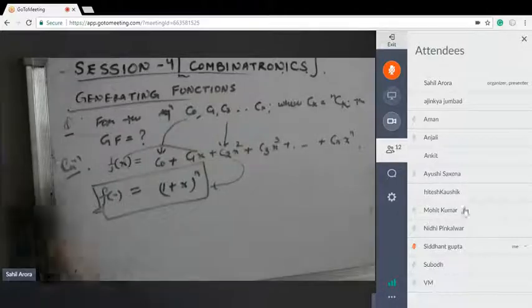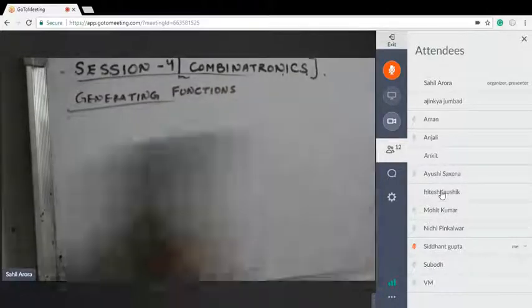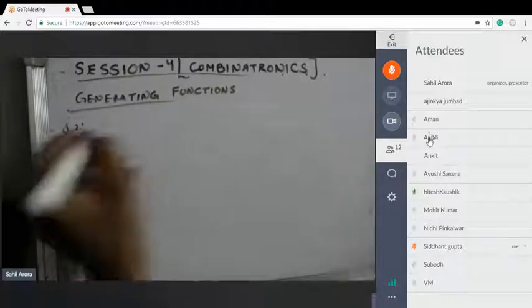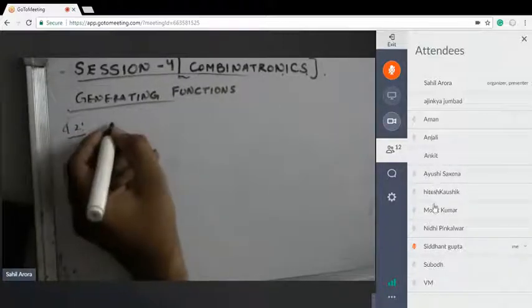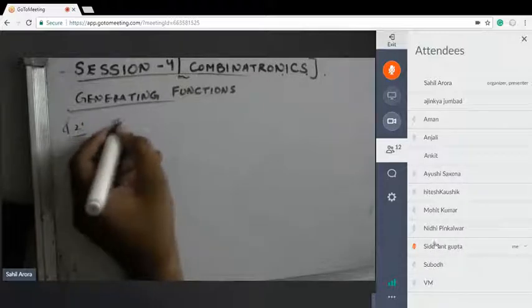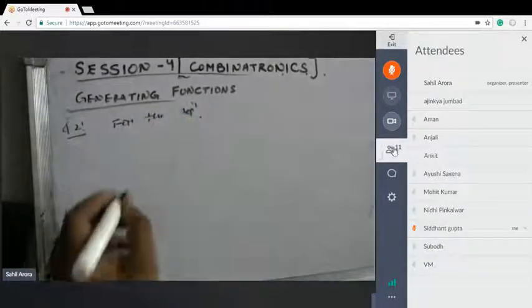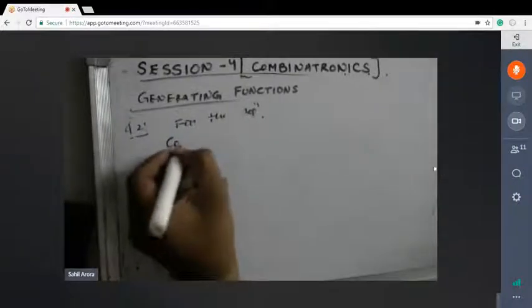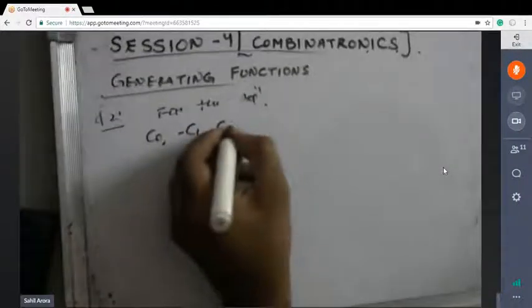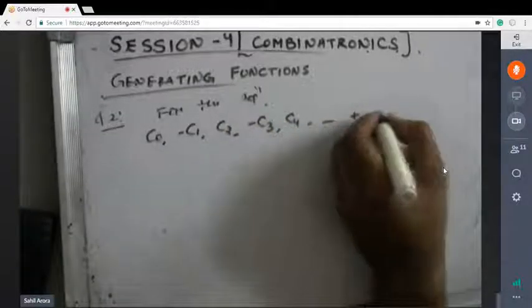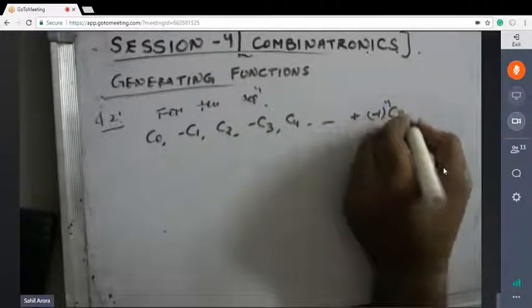Okay. So the next question is, now let's say the sequence is C0, minus C1, C2, minus C3, C4, and so on up to (-1)^n C_n.